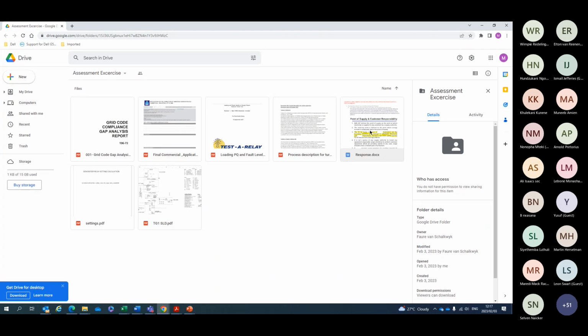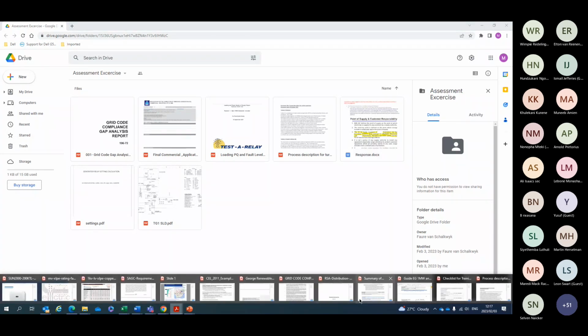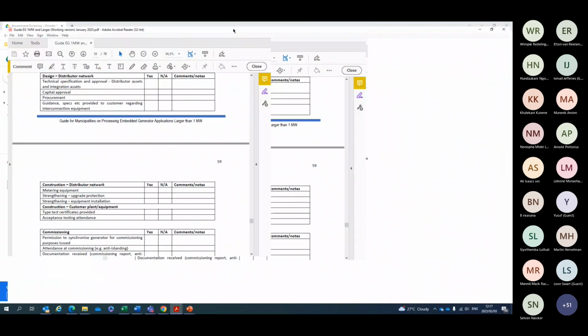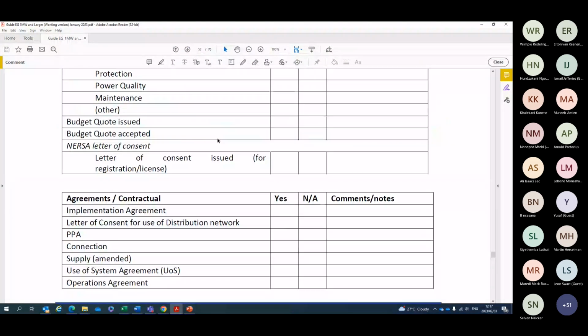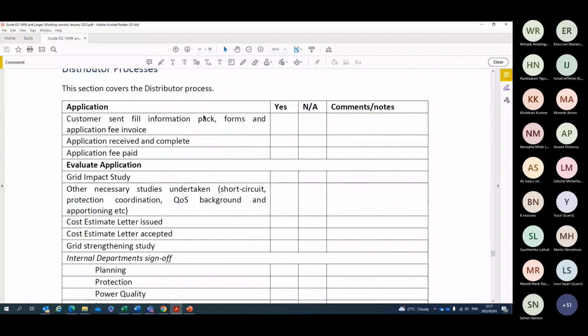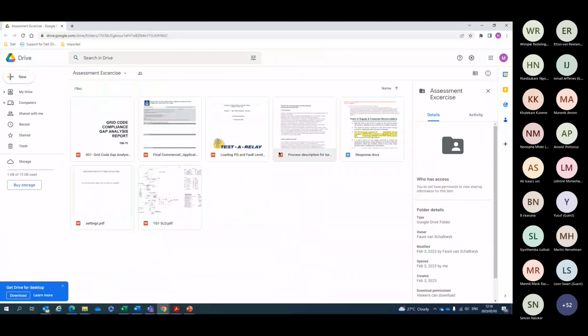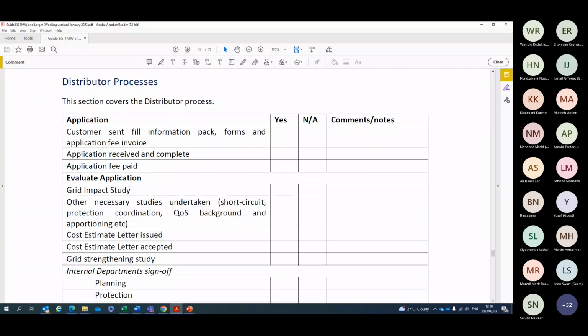So maybe the first thing is looking through the entire checklist, which kind of documents seem to be available, and then start going through them. Let's go to the top of the checklist. Okay, so there's an application form. There's a process description for the NERSA application. Is that part of the information pack?